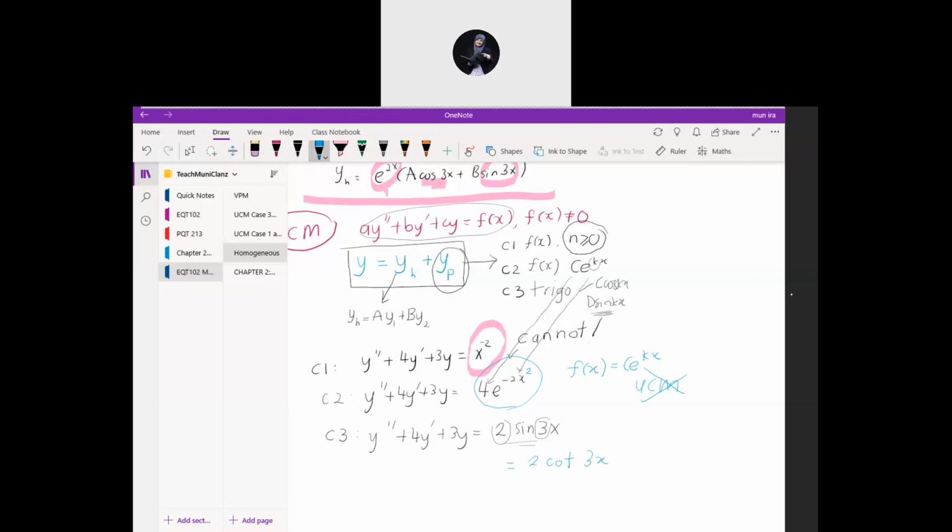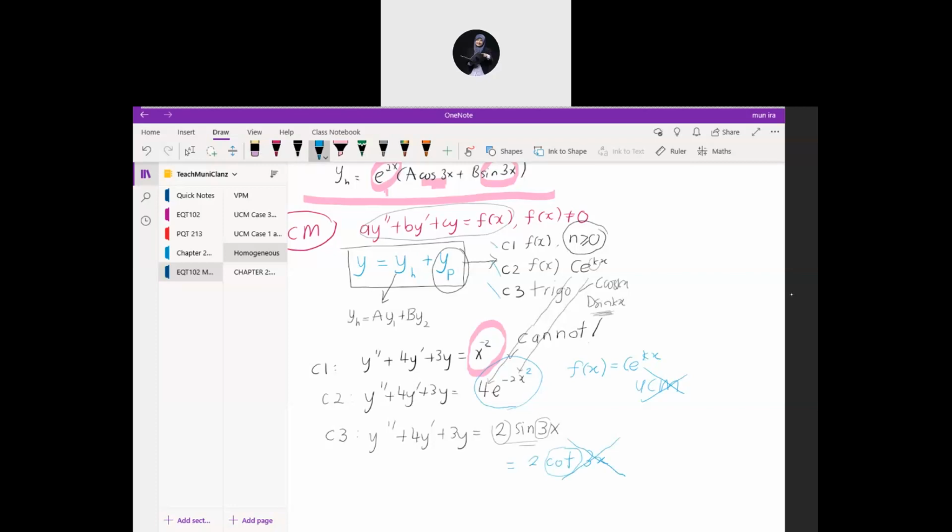Even though cotangent is still in the form of sine and cosine, it is not in the form of c cos kx or d sin kx or the combination plus minus of sine and cosine. If you have the question of cotangent, therefore you cannot solve this equation by using UCM. Okay, only the basic 3 main cases only.